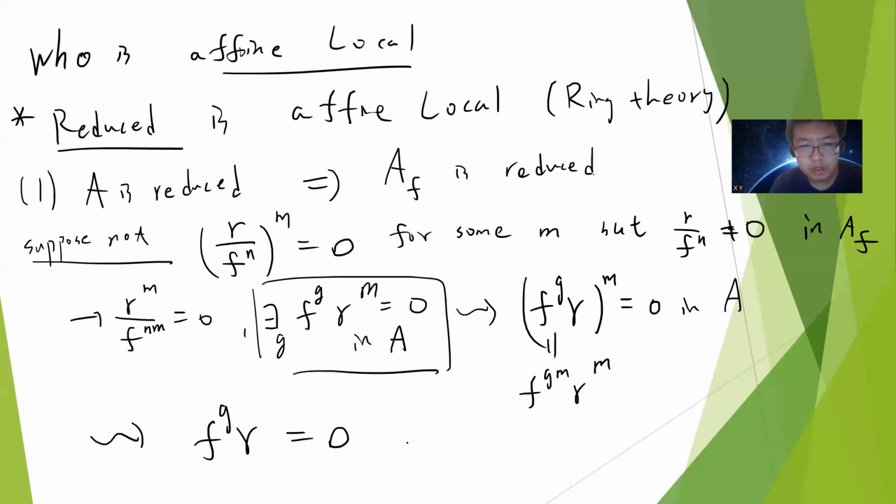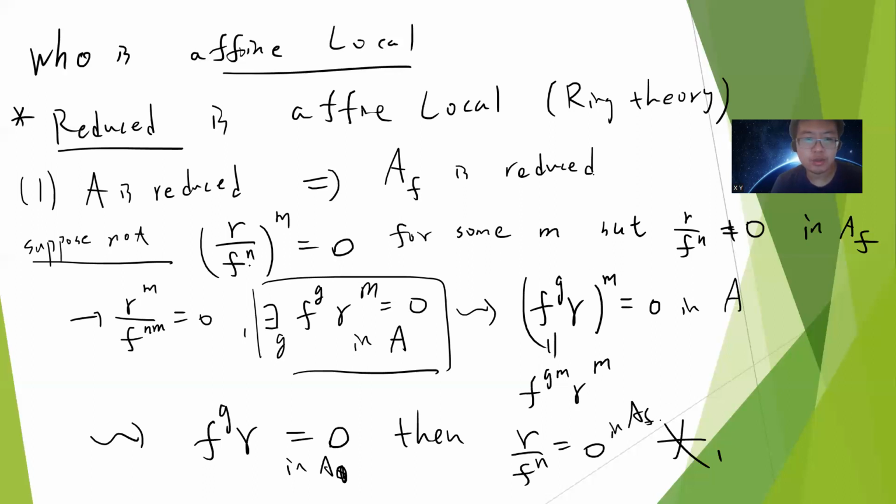Then r divided by f^n is 0, which is a contradiction, because f^g r equals 0 in A translates into r divided by anything being 0 in A_f. This contradicts the assumption that these are nilpotent.